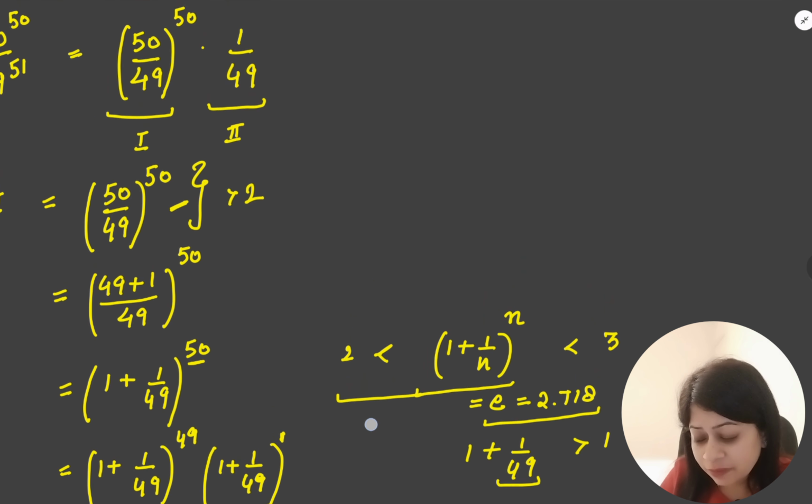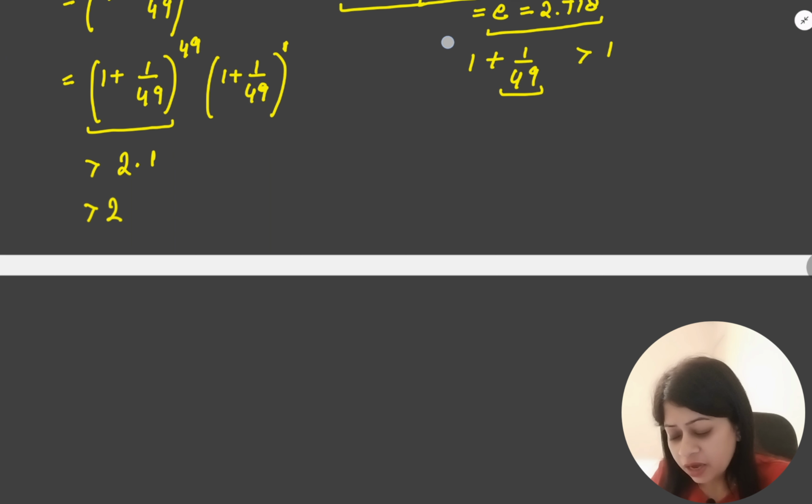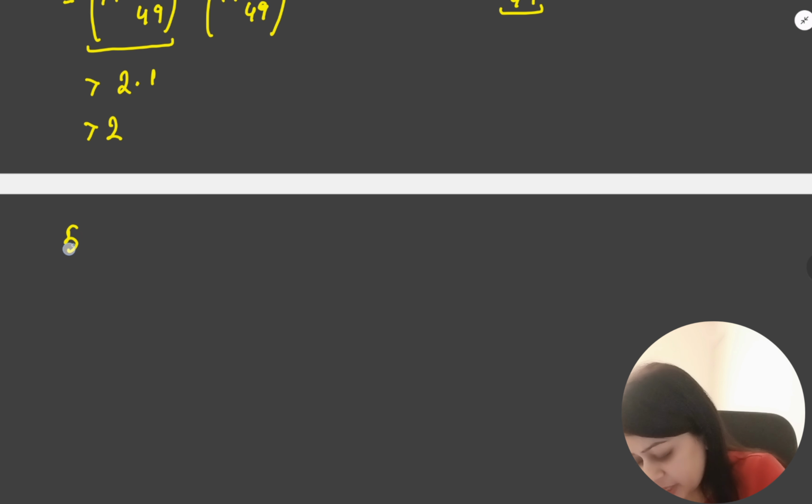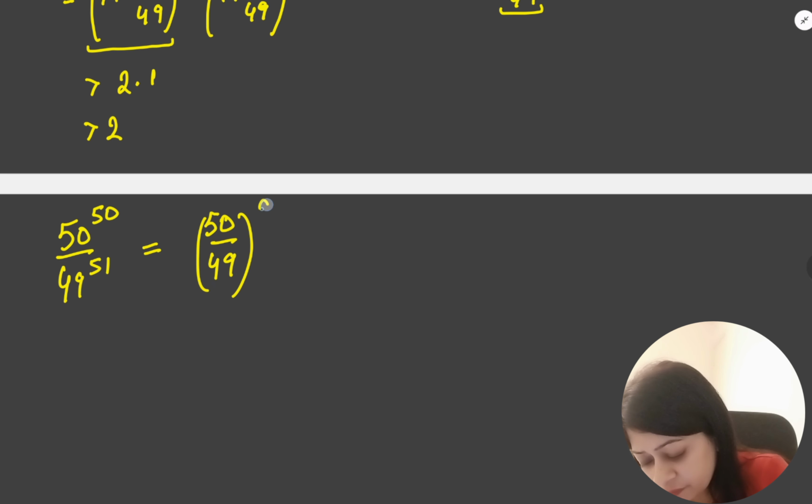Now I will substitute the value again in equation number 1. The left hand side was 50 raised to power 50 by 49 raised to power 51, and the right hand side was 50 by 49 raised to power 50 times 1 by 49.